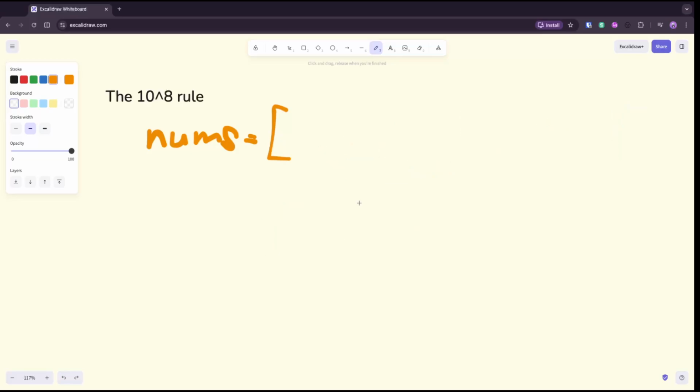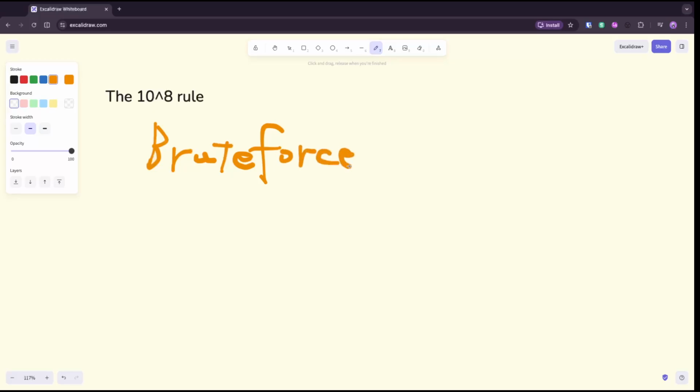And we can think of two approaches. First, the brute force approach. Or the hash set approach.